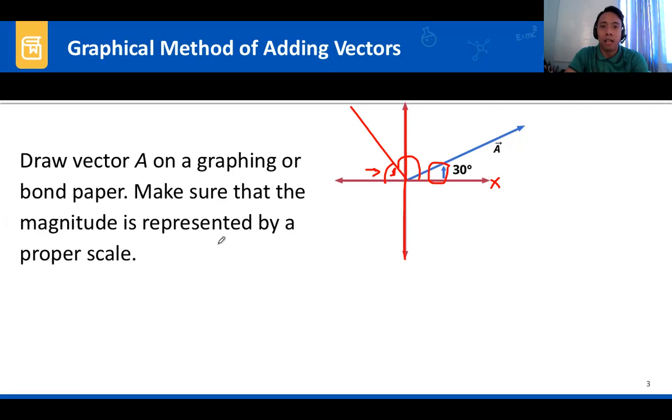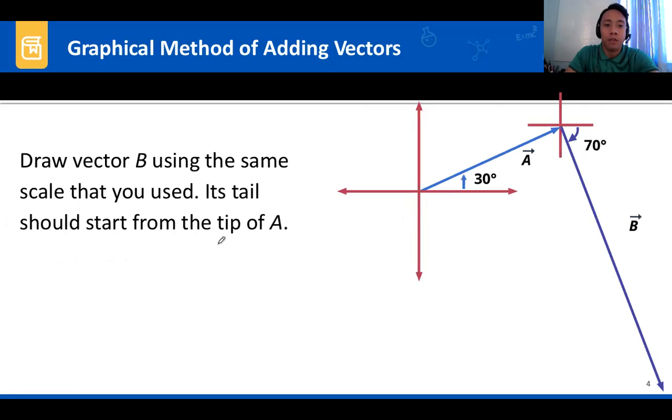Second step: draw the vector B using the same scale that you used. Its tail should start from the tip of A. That's what I was talking about last time. If this is our first vector, tail and tip, we will start on the tip of this vector.